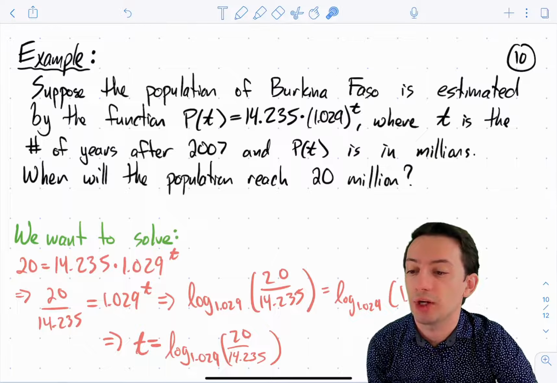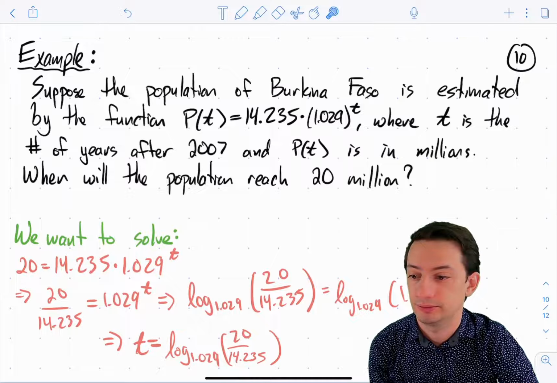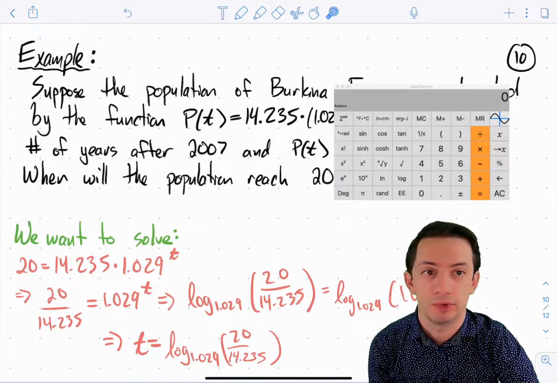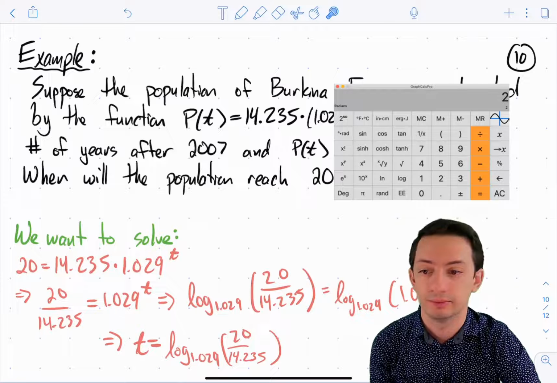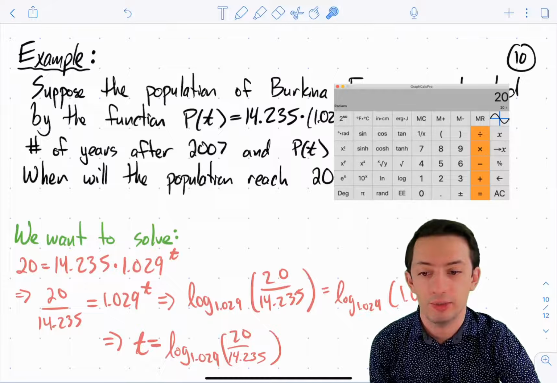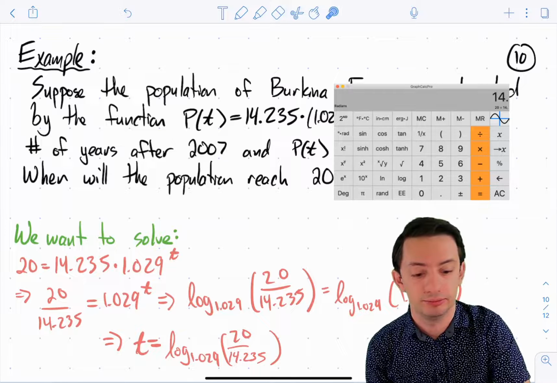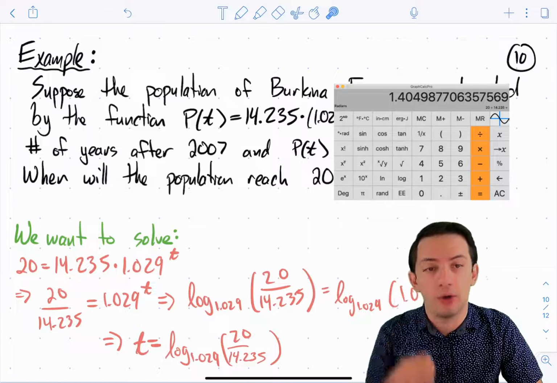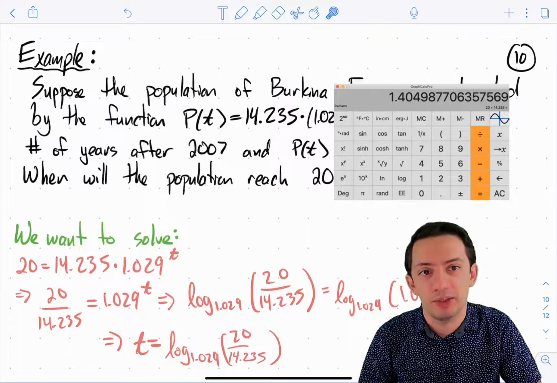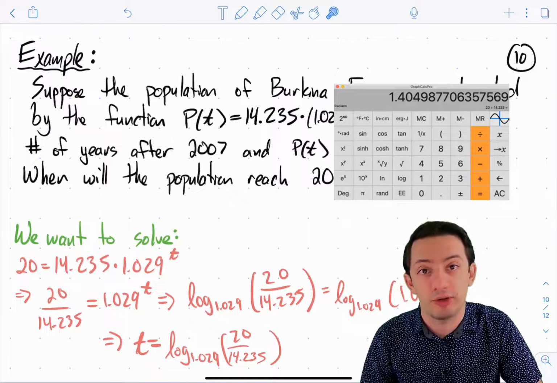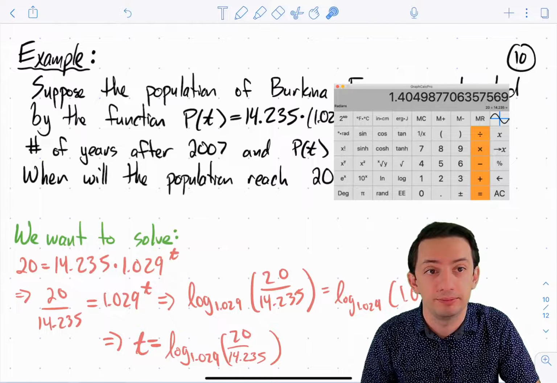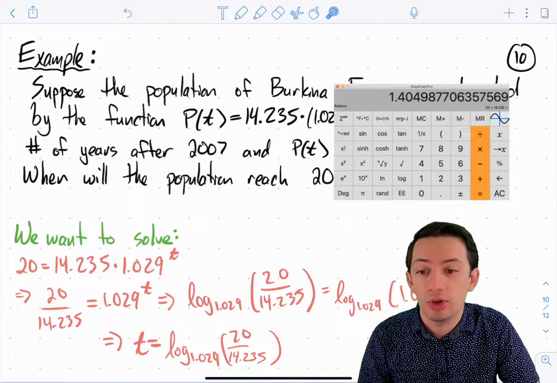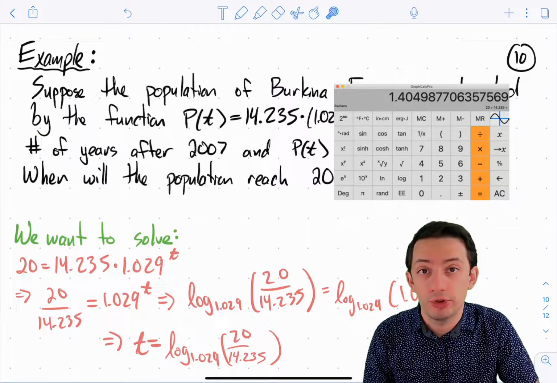Okay, so let me bring up our calculator. We're going to start with 20 divided by 14.235. And we get 1.40. Okay, so my guess of 60% was off by a little bit. That means we're looking for 40% growth, 40.5%. And now we want the log base 1.029 of this number.